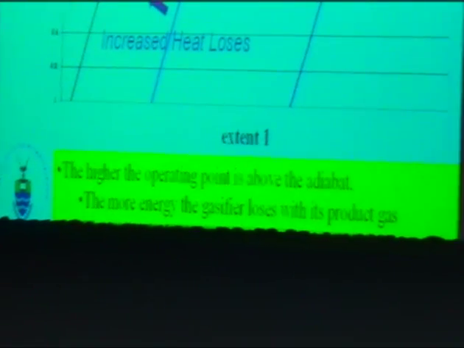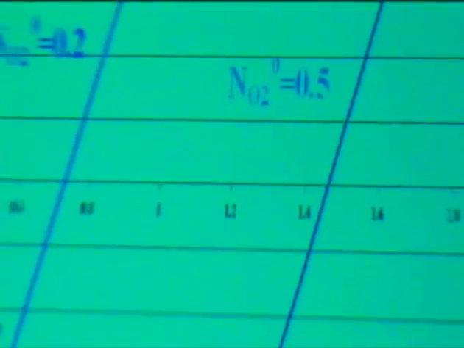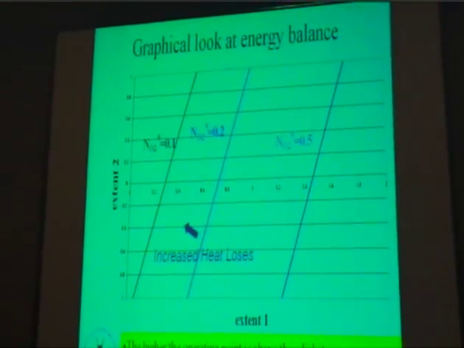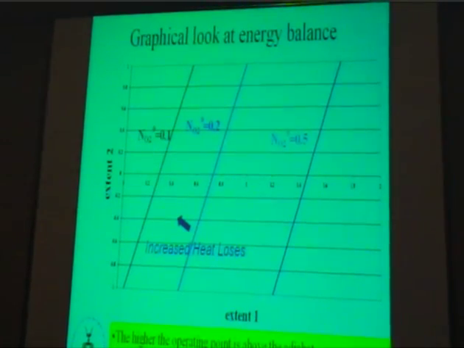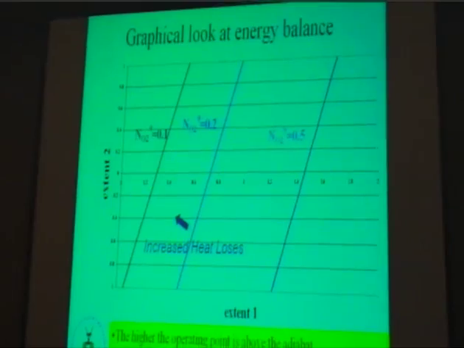Now, notice that what we would like to do is to have a system where all the energy we produce is stored in the chemicals. We don't want to have excess energy produced in the system. We don't want to throw energy away.